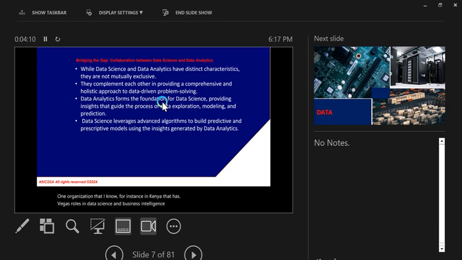They have a data analyst, business intelligence analyst, data scientist, machine learning engineer. They have divided those roles. But in most cases, in some organizations, as a data scientist, you must know the part of data analytics before you go to the data science part of it.